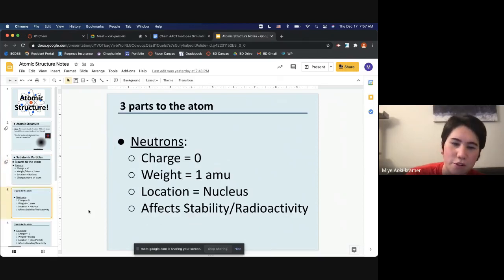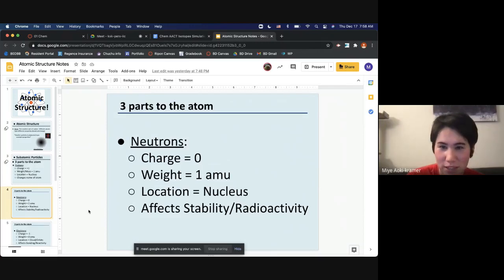Then we have neutrons, who have a charge of 0. They weigh about 1 AMU, same as the proton. These are also located in the nucleus. The neutrons are what affect stability or radioactivity. So whether an atom will be stable, in our examples, we always saw the nucleus would shake if it wasn't stable, or radioactivity, so whether it's going to emit radioactivity.